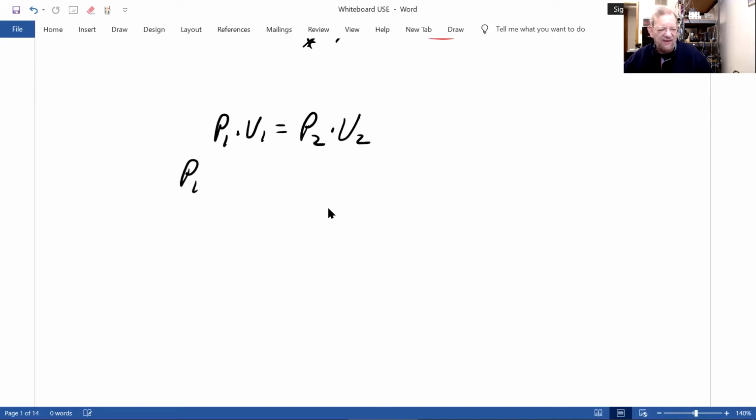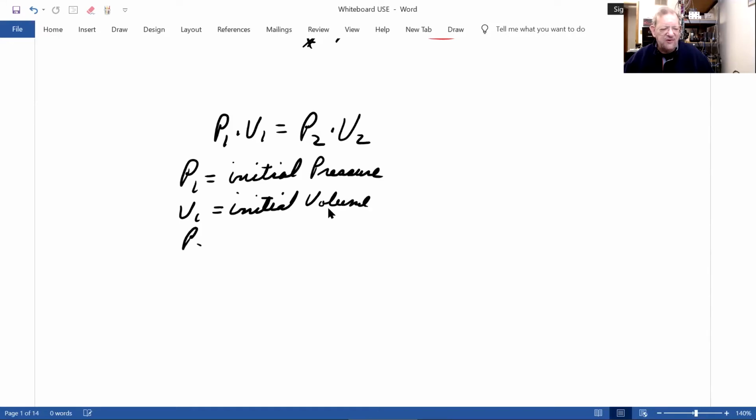And P1, and this will be given to you in important information, but I'm going to write it now, is initial pressure, V1 equals initial volume. P2 equals final pressure.